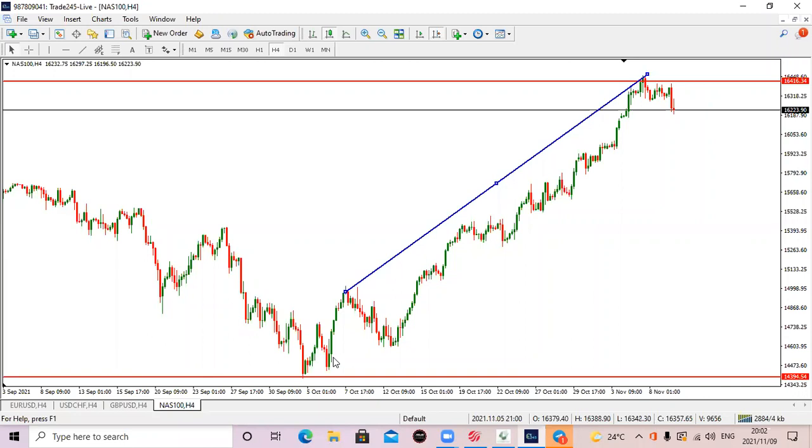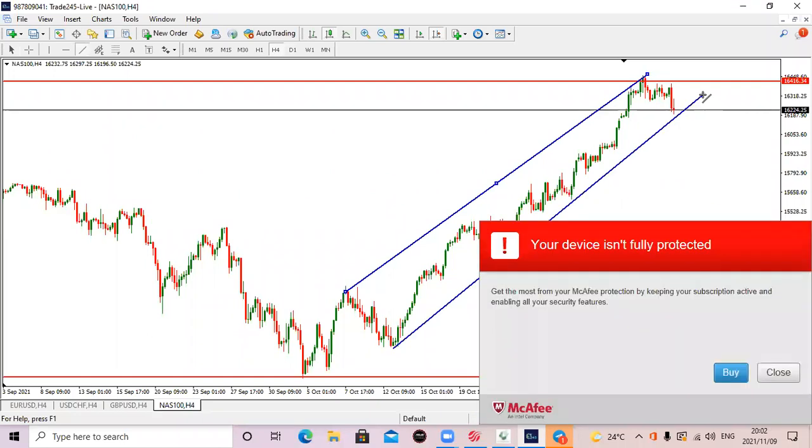So that's how you mark it anyway. Sorry guys about that, my mouse. That's a high, and then that's another high, but that's a low. And then we're marking our structure. We take it from low to there. Right, so that's our structure.